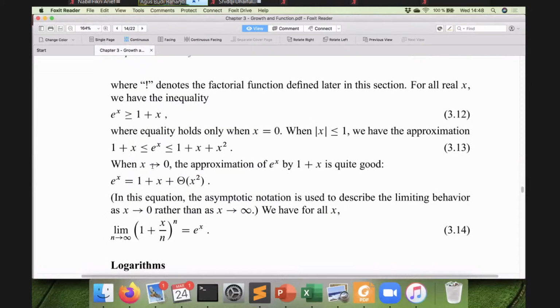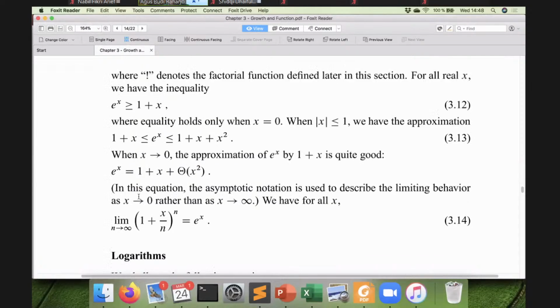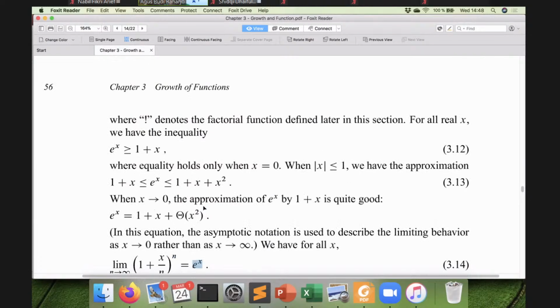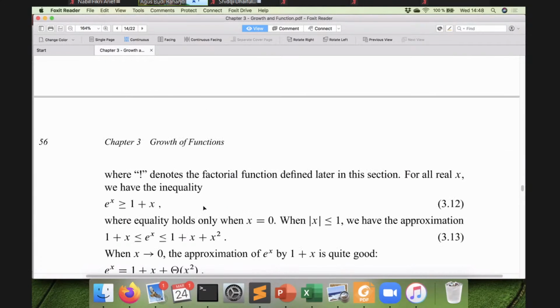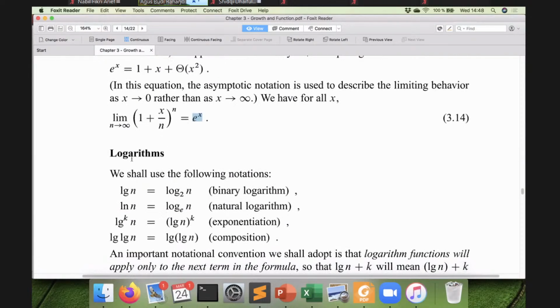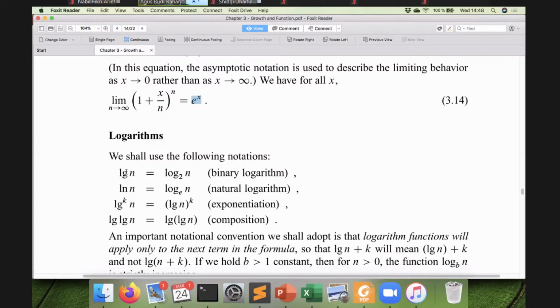And this one is, let me see. This one, for all x, n is equal to the natural logarithmic function of x. And then after that, we have logarithmic.